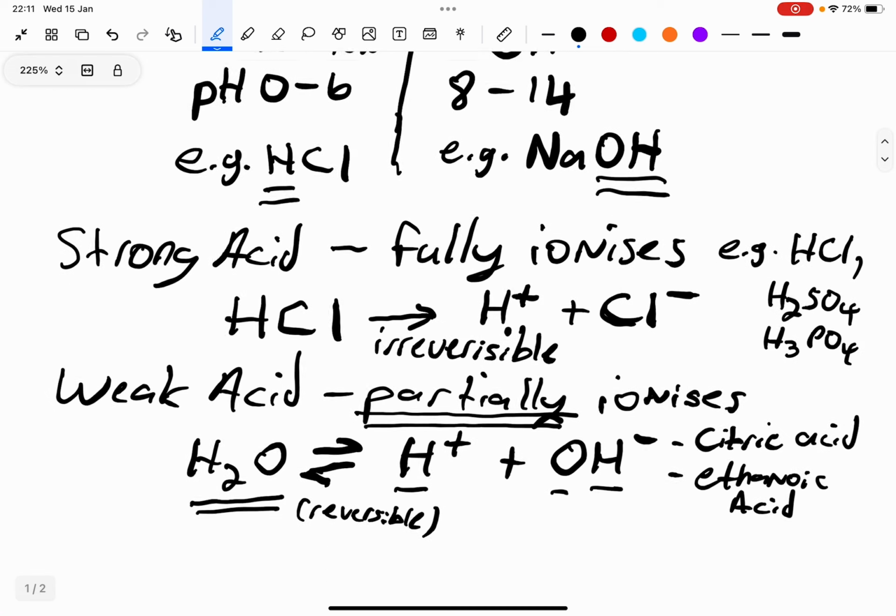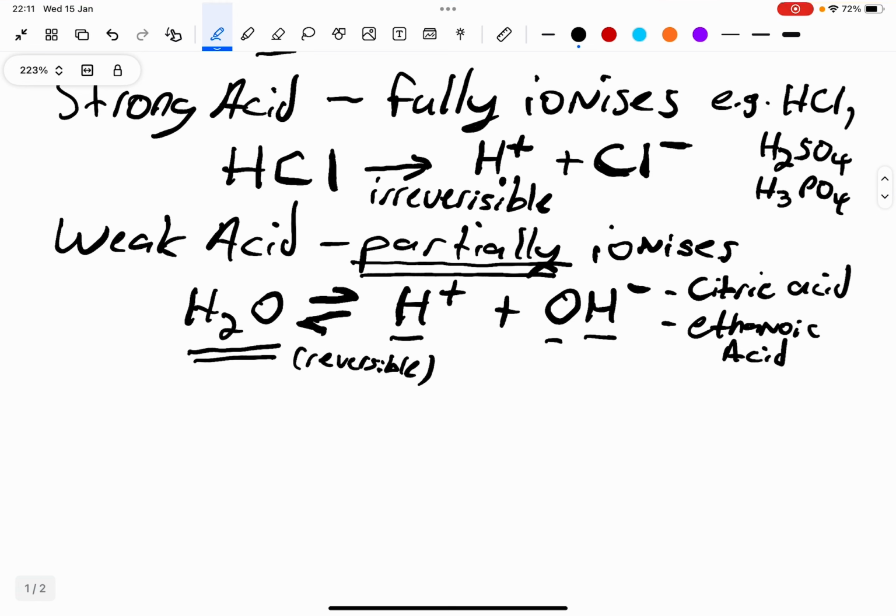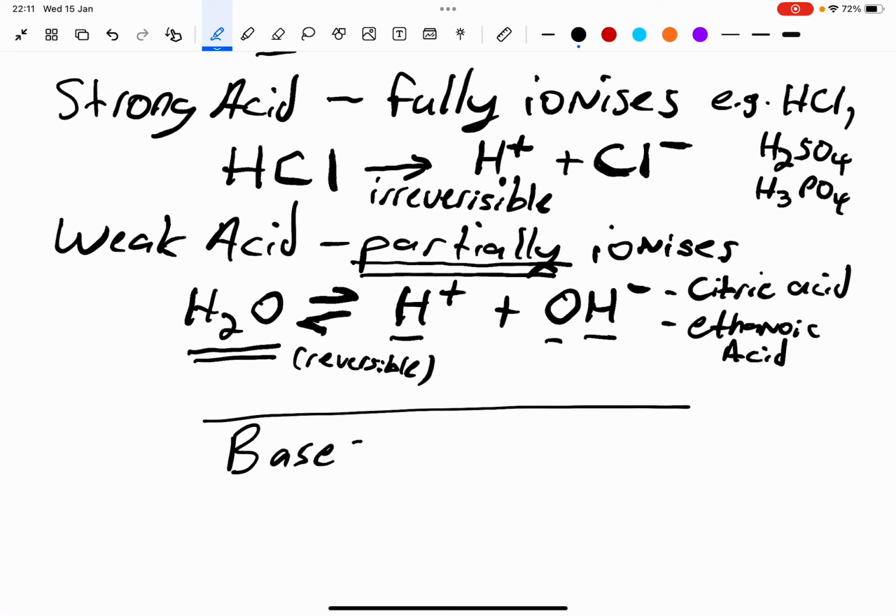Let's quickly look at bases. We can draw a line. So bases, as we said, contain the OH- ion, for example, sodium hydroxide.